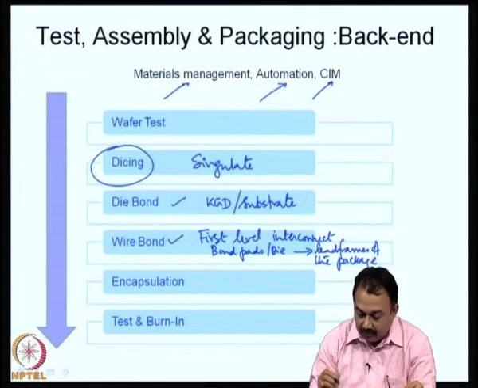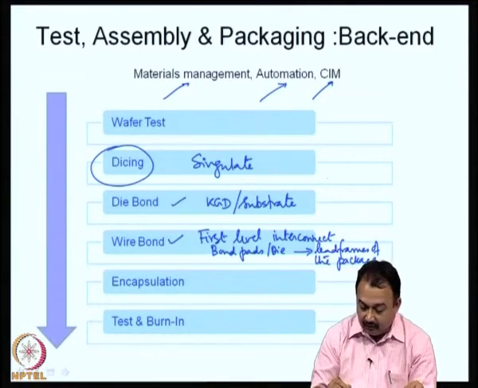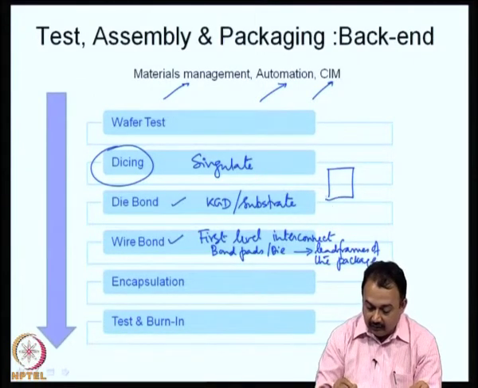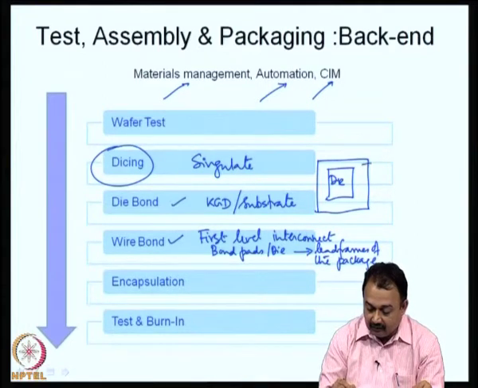So, this is a very important step where, for example, if I can draw a die here and I am going to draw a substrate on which the die is mounted, and these substrates have got lead frames across.